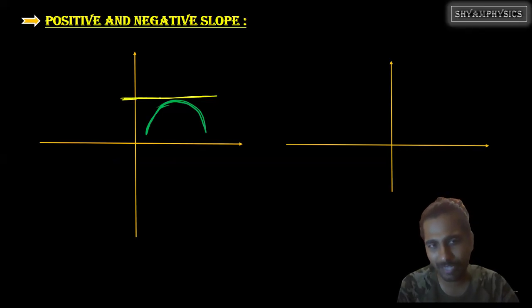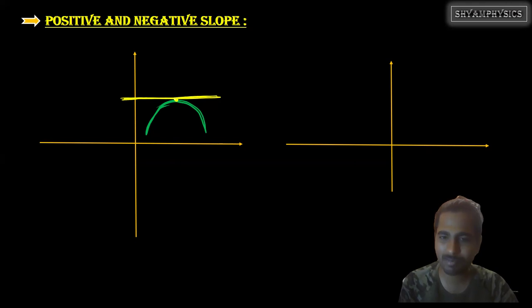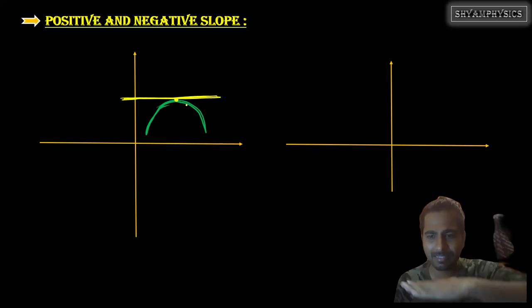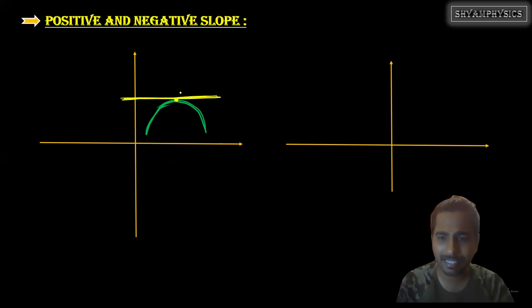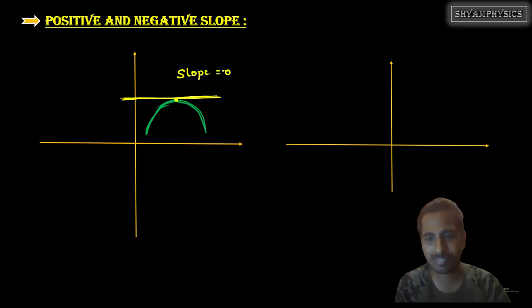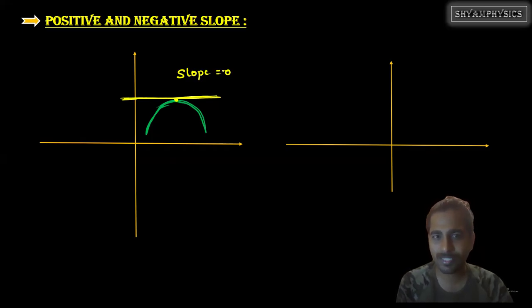Now look at this value once. It is a tangent at this point. What is the slope? It is a straight horizontal line. It doesn't create any kind of slope here. Means here the slope value is equal to 0. Basically, slope is 0. Hope it is clear.